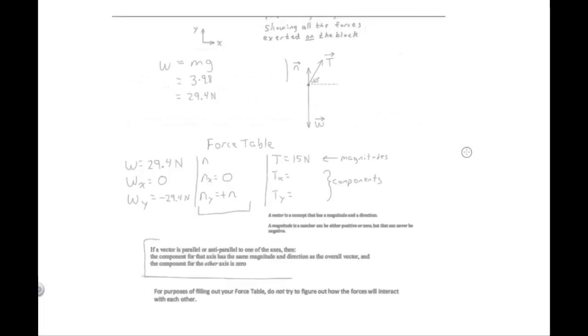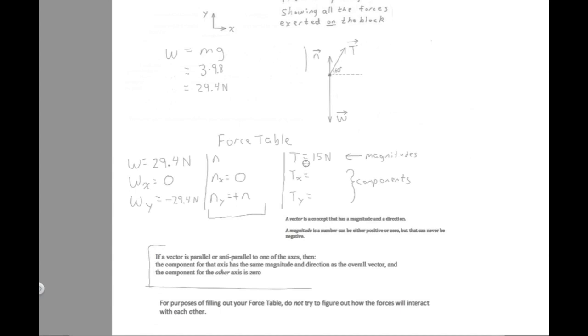I discussed in detail how to break a vector into components in my previous video series on vector components. And you can find a link to that previous video series in the video description box. We're not going to draw that right triangle in our free body diagram, because we want to keep the free body diagram neat and clean.